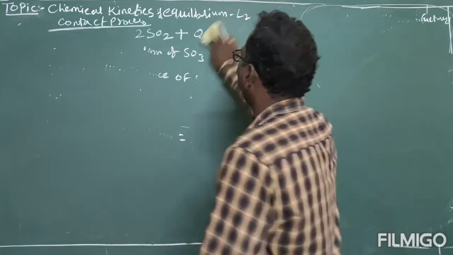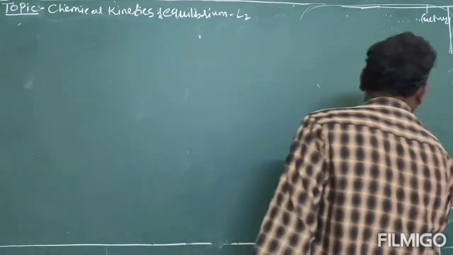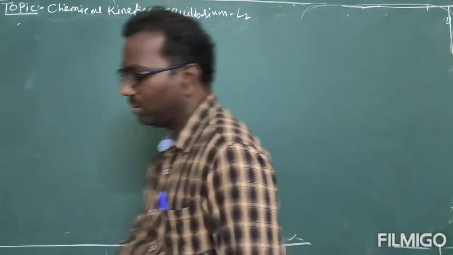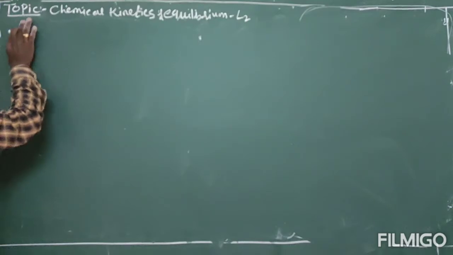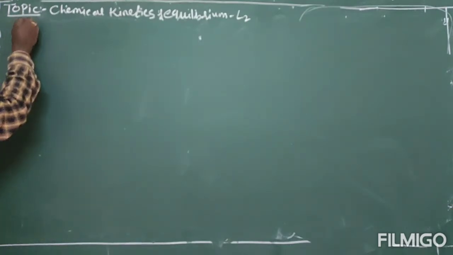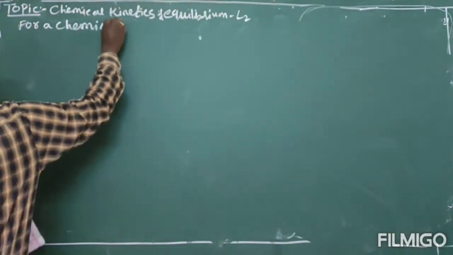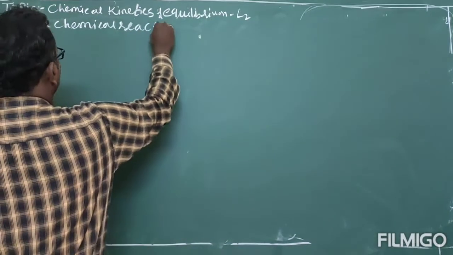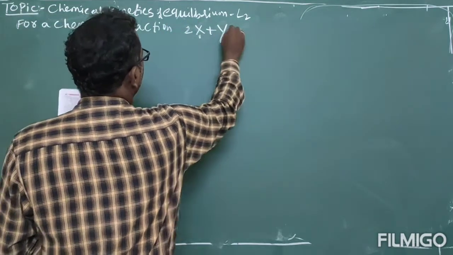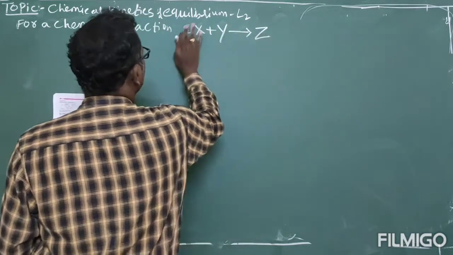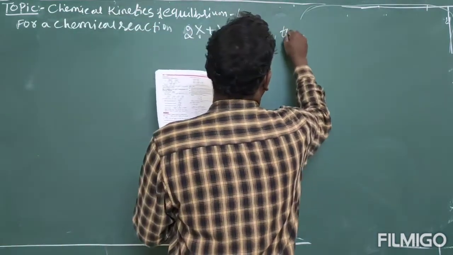Okay, already I have told you the procedure of how to solve. Anyhow, I dictated one problem, the same problem I am writing here now. For a chemical reaction, 2x plus y gives rise to z.